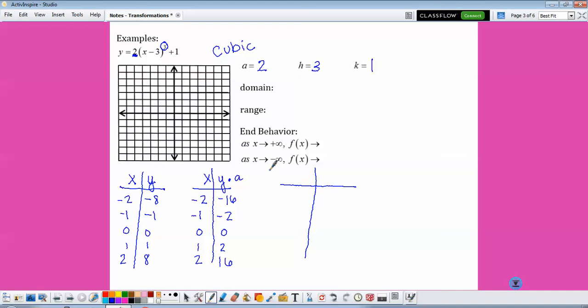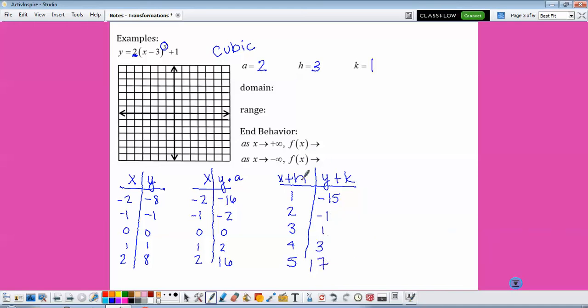Then we're going to use H and K to get our final chart. So all these x values are going to get added with 3. So we'd have 1, 2, 3, 4, 5. And then we're going to add 1 to all of these, so -15, -1, 1, 3, and 17.